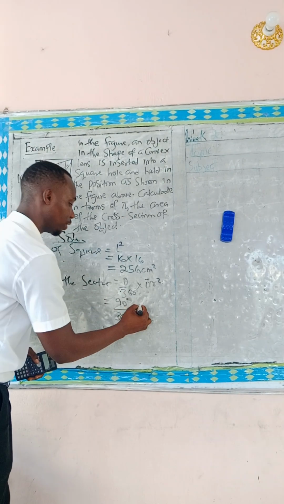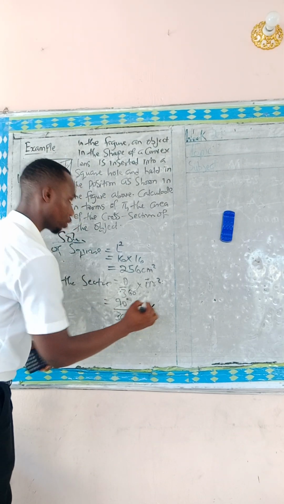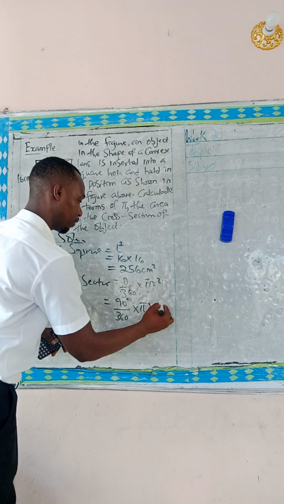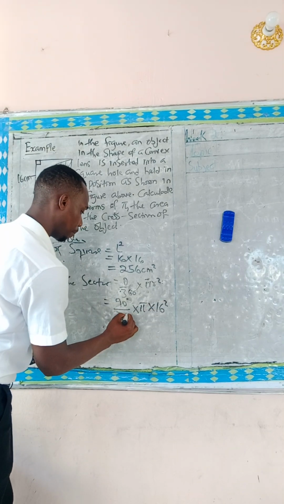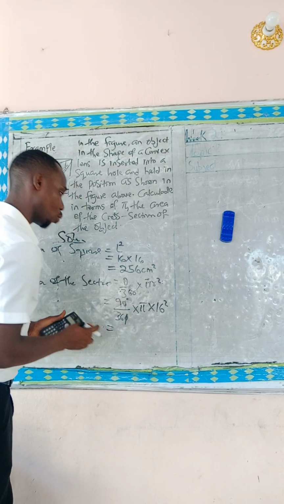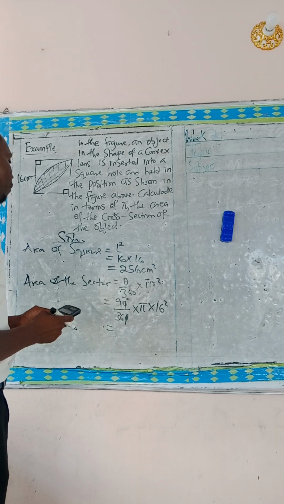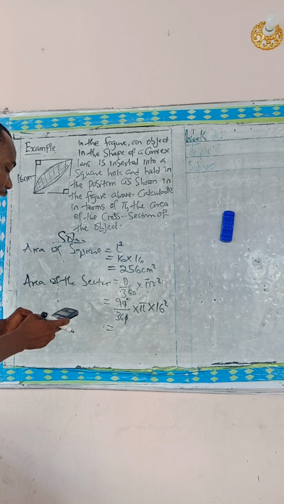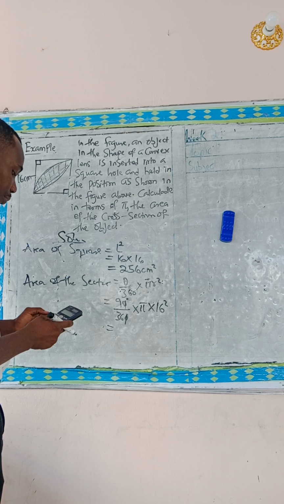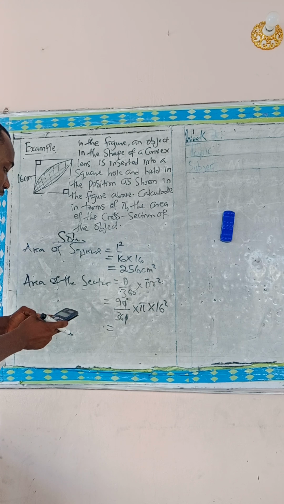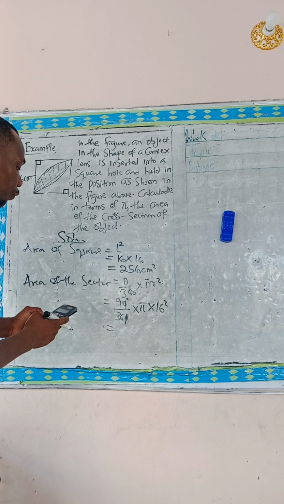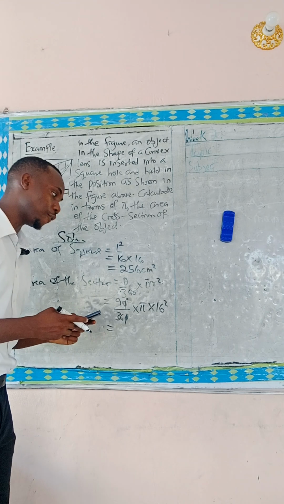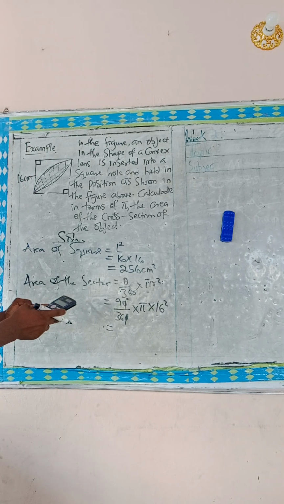So we are just going to leave this as pi times the radius, which is 16 squared. So we can simply cancel out 0, cancel out 0. So 16 squared, we have calculated it to be 256. So 256 times 9, and the final answer we got is 2,304 divided by 36.